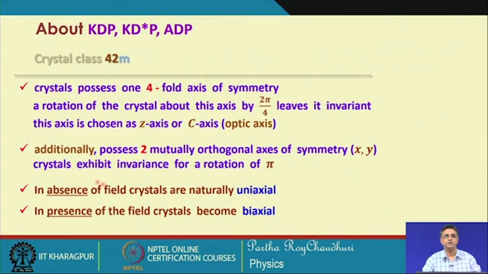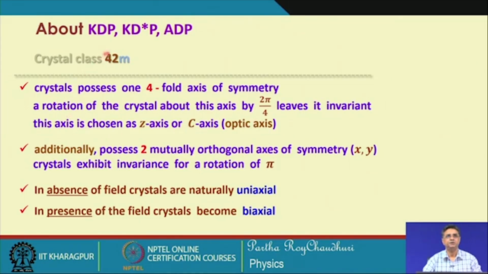So, this group of crystal, the class is 4 2 m, crystals possess fourfold axis of symmetry, that is a rotation of the crystal about this axis by 2π/4 leaves it invariant. So, you can go for 4 steps of rotation, each one by 2π/4, and then the crystal will remain invariant, and this axis about which this rotation is given is chosen as the z axis or c axis, the optic axis of the crystal.